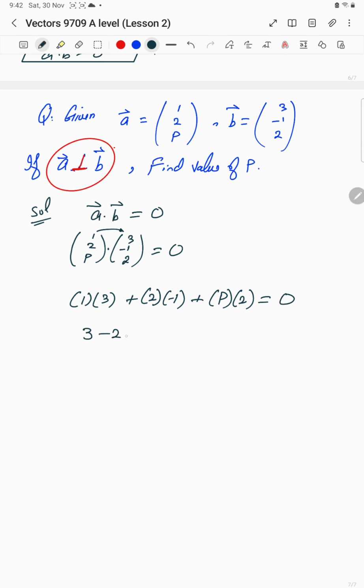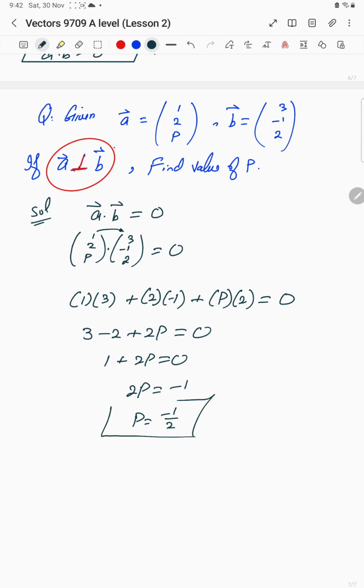So 3 minus 2 plus 2p equals 0, 1 plus 2p equals 0, so 2p is minus 1, and p is minus 1 by 2. That is the answer. I hope it is clear.